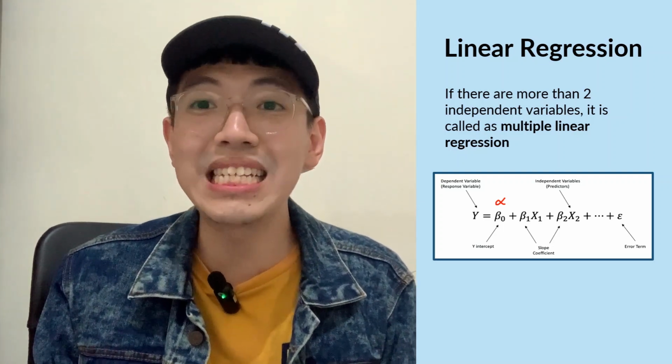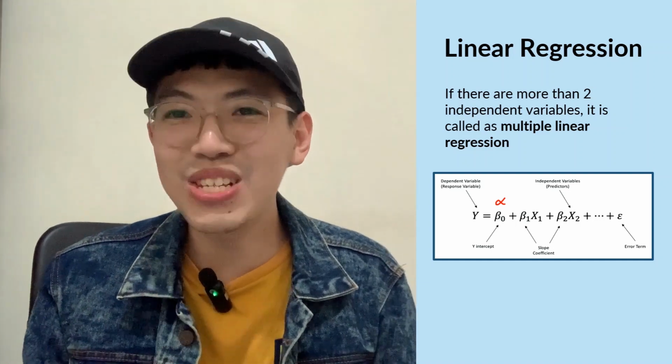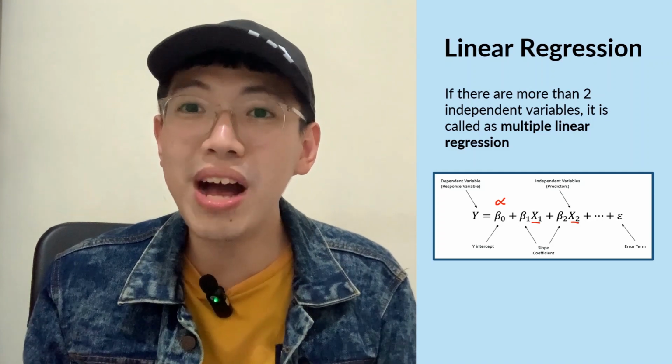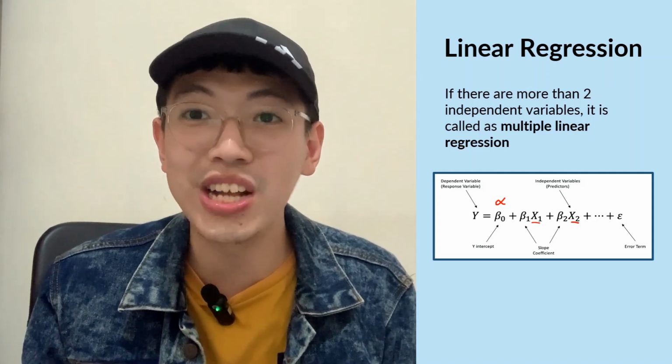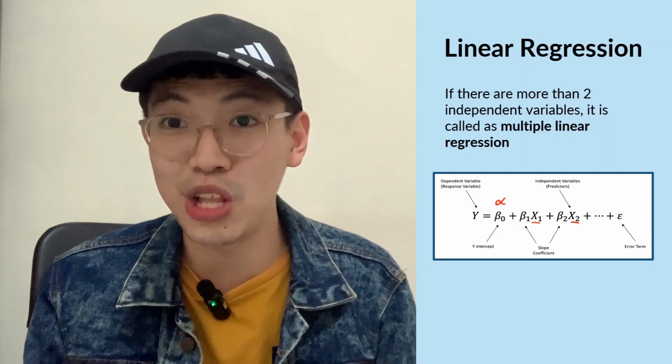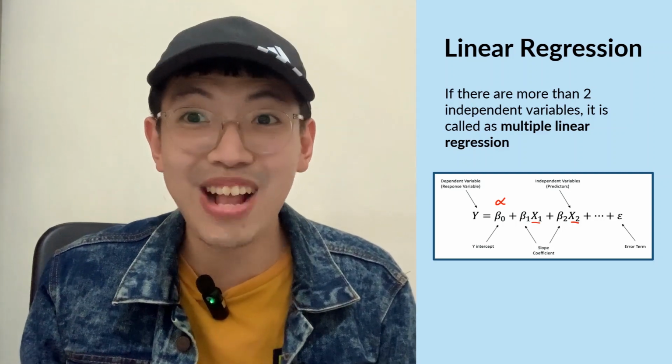The constant is the y-intercept. x1, x2, x3 are the independent variables, while b1, b2, b3 and so on is the coefficient of the independent variable or the slope, while the e is the error term.